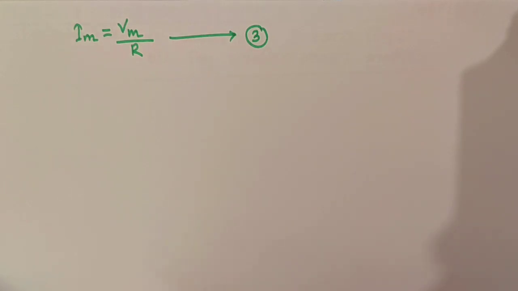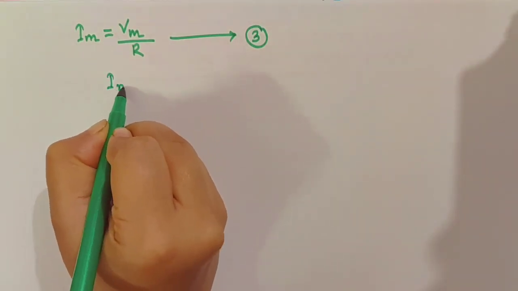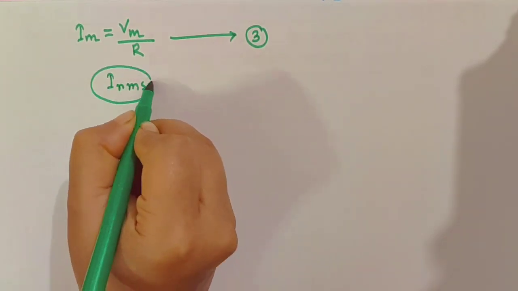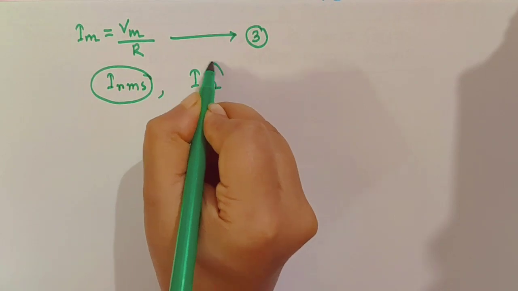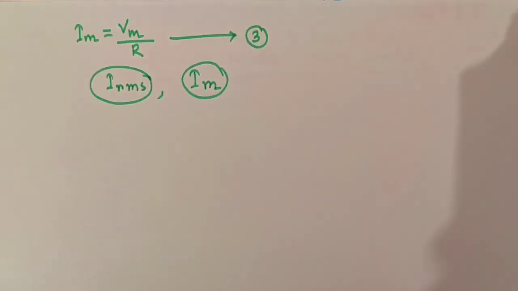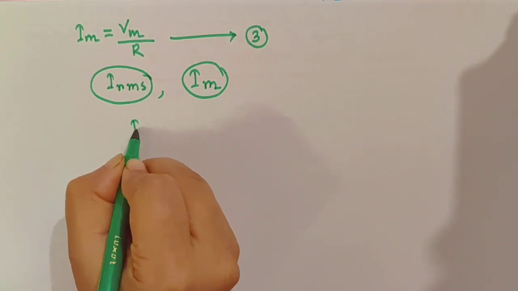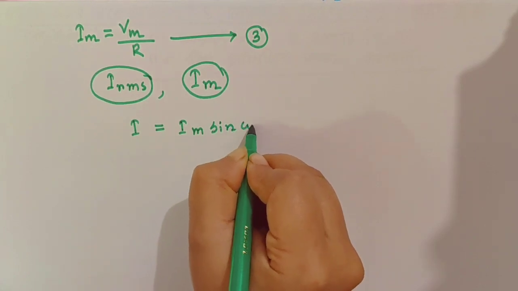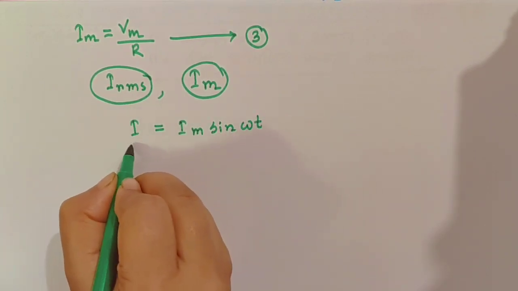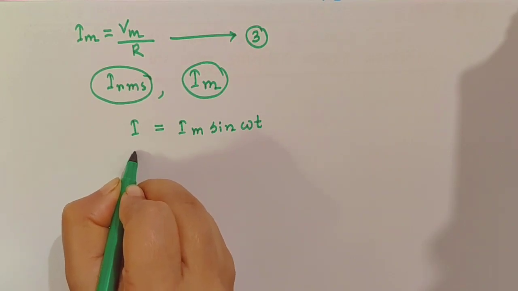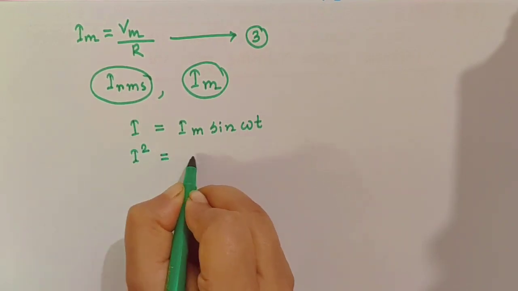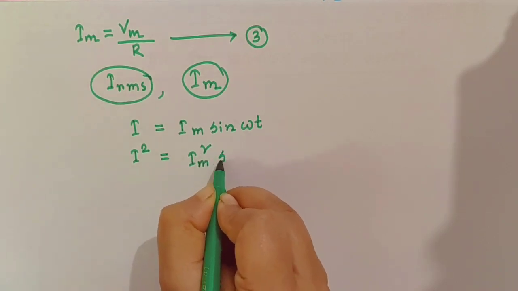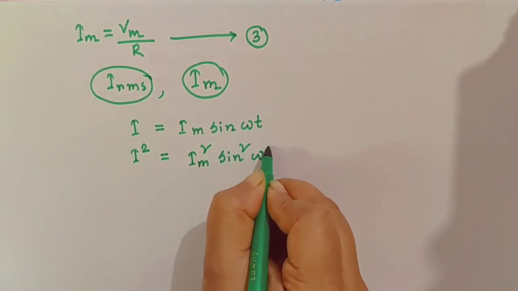To find the value of the RMS current, IRMS, in terms of the maximum value of the alternating current, Im, we square the expression. From the previous expression we know I is equal to Im sin omega t. If we square this expression, we get I square is equal to Im square sin square omega t.